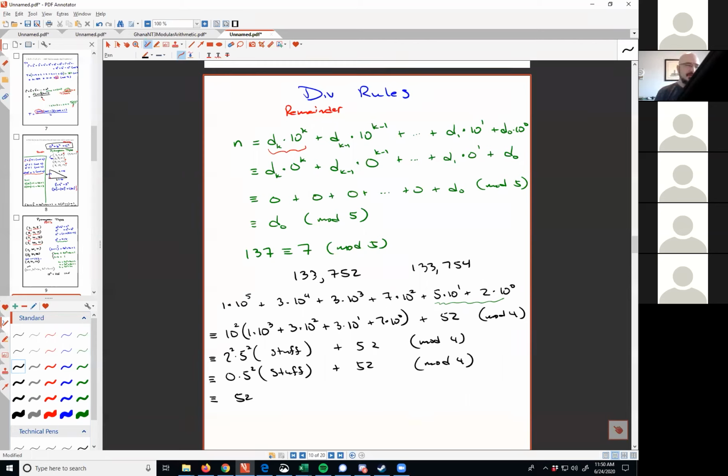What did we just learn? We just learned that the first one is divisible by 4. 132,000, that is, times 132,752 is divisible by 4, because when you break it down into powers of 2 and 5, you're left with the last two digits.